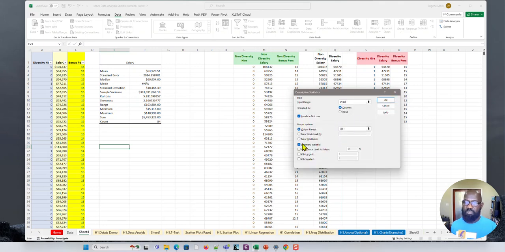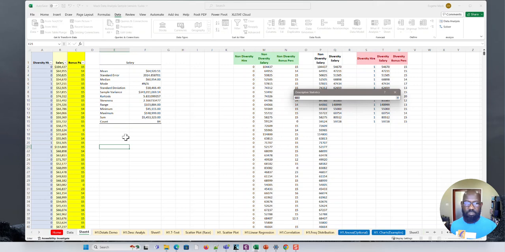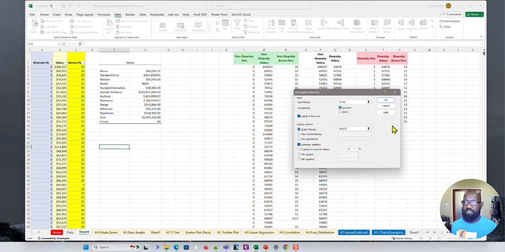And I'm doing the summary statistics, but I'm changing the location also. So always remember to move the data if you're going to put it in a new place. Select that output range and change the output range. So all my data should appear here for descriptive statistics. Select OK.